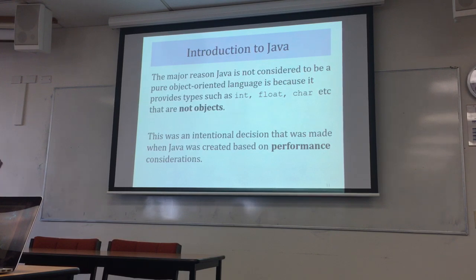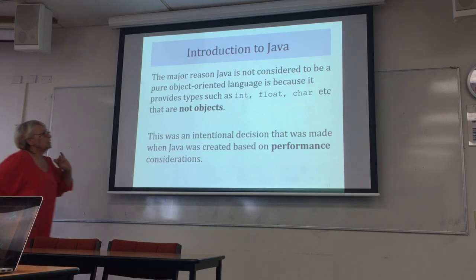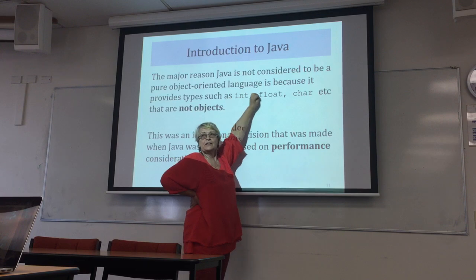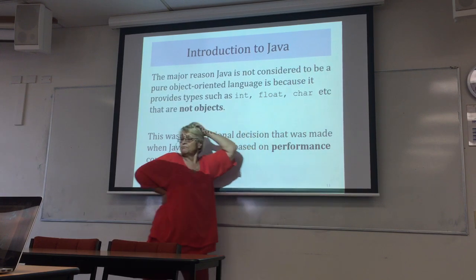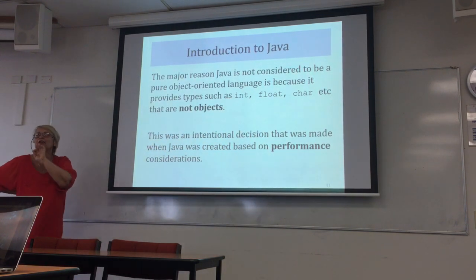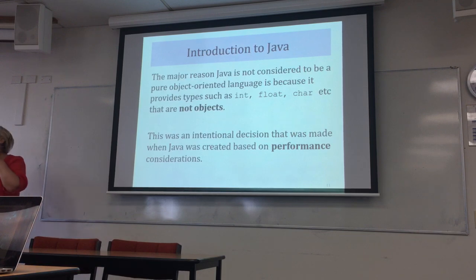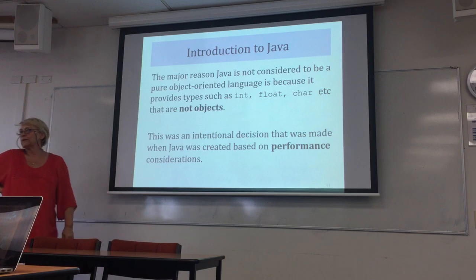People say it's still not pure object-oriented programming because there are things which are outside. Simple types, int, float, double values, Boolean values, are not defined with classes. And the reason was efficiency, performance.